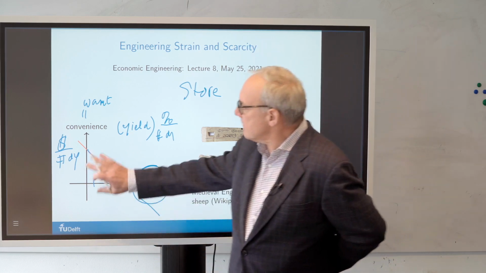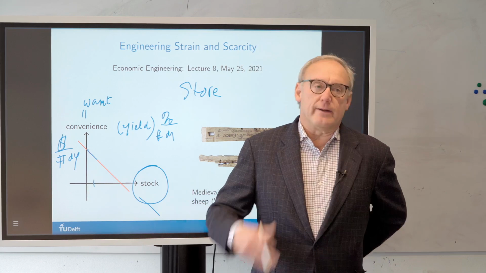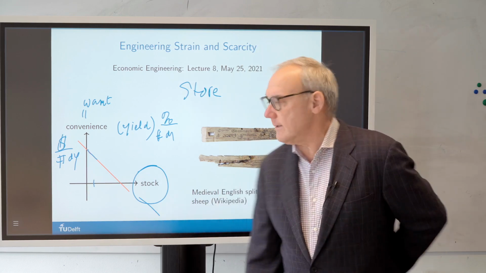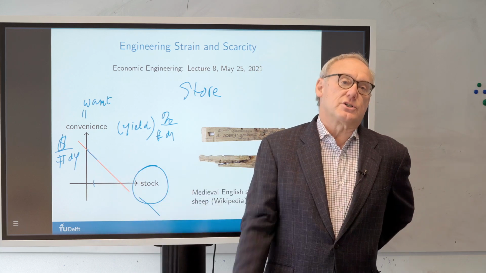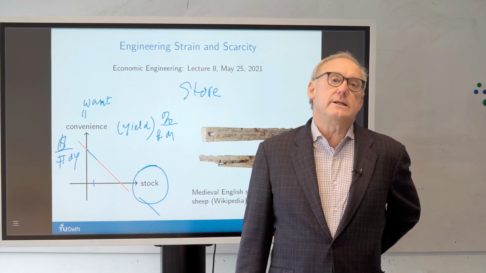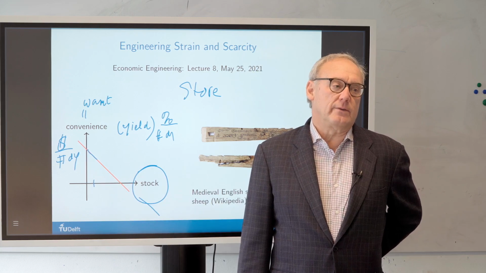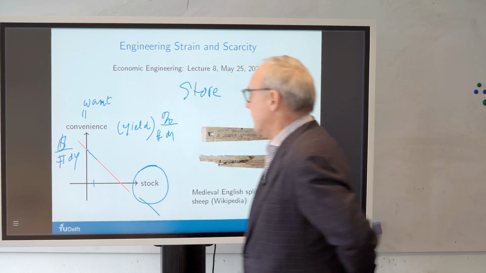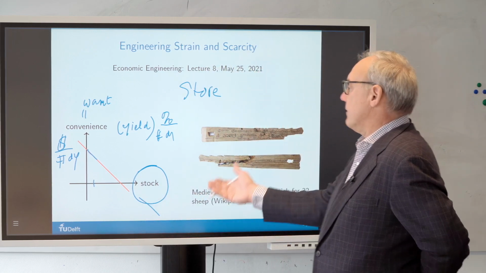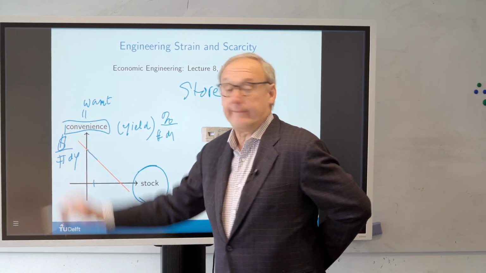So the first amount of wheat and grain and whatever you use to make this is, of course, worth a lot. And as you have more, the chances of a stock out just decrease. All right? Now, why did I use this baker at 4 a.m.? Because you can't go to the convenience store, right?